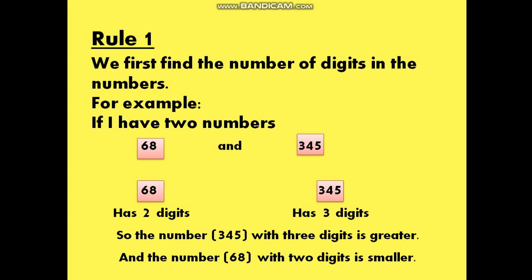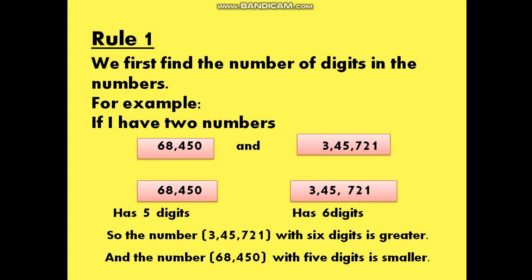Obviously, 345, which is a three-digit number, is a greater number, whereas 68 with two digits is a smaller number. Hope with this example you are able to understand the concept of greater and smaller.